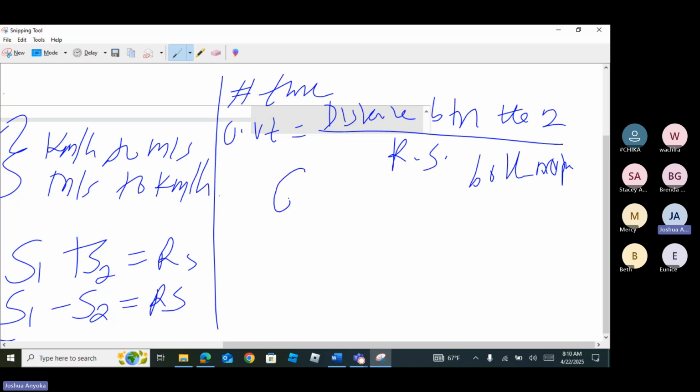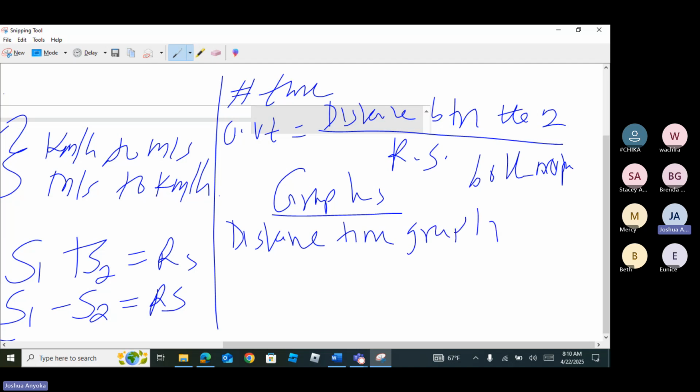Now from there, we also have graphs. We discussed two graphs in mathematics. That is, we discuss the distance time graph, which is not very common. This is the graph of distance against time.